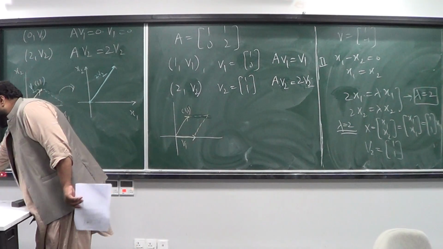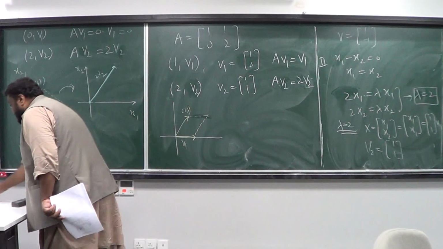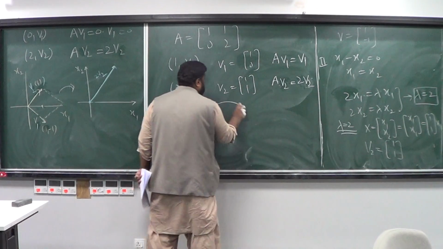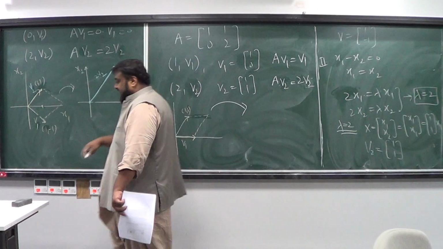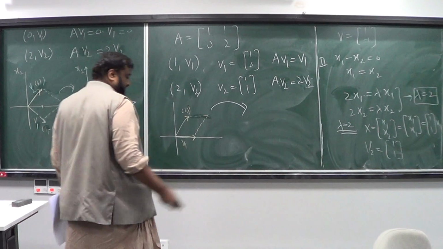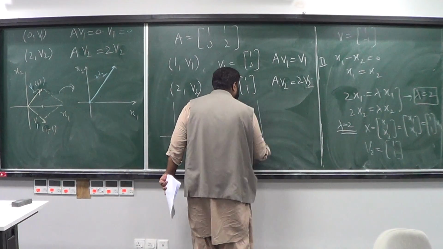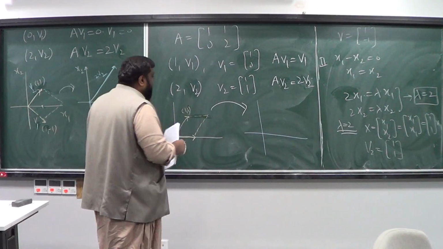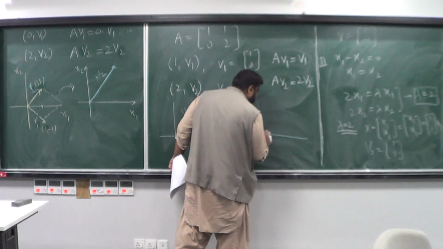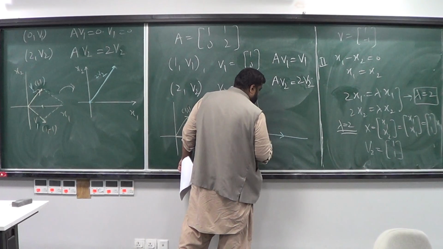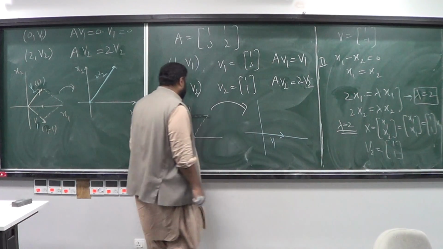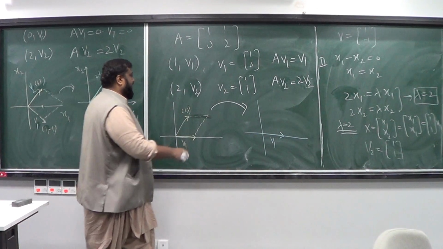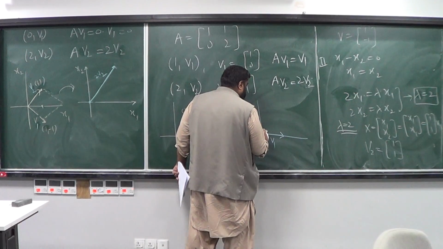Now what happens with this region when you transform it under the matrix A? What do you think you're going to get? The V1 stays V1, and V2 becomes double.